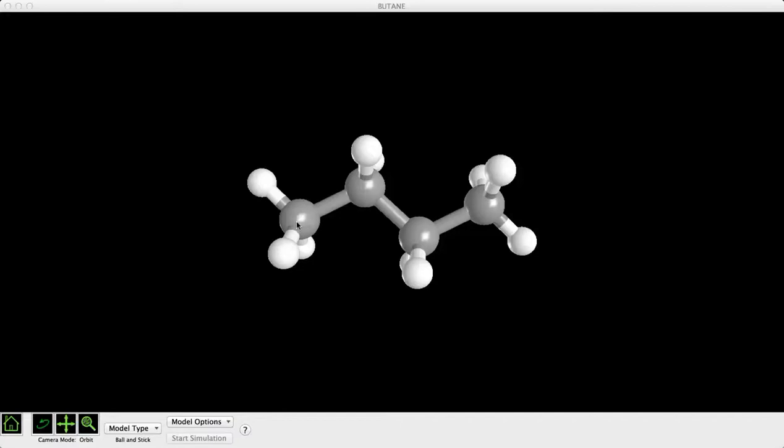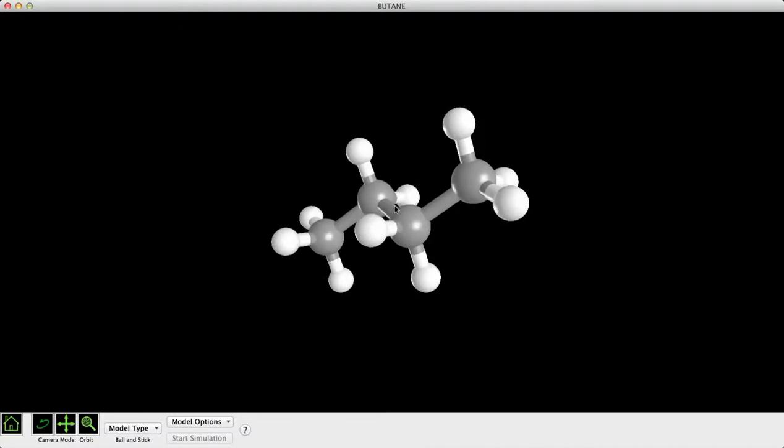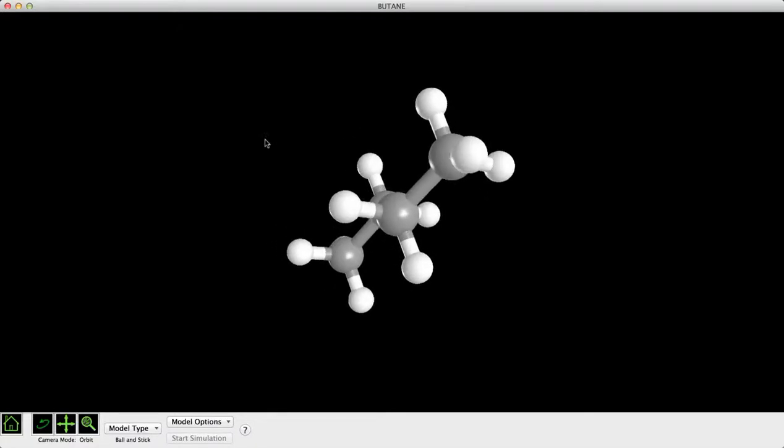So if you follow the cursor, I'm going to number this from right to left. 1, 2, 3, 4.